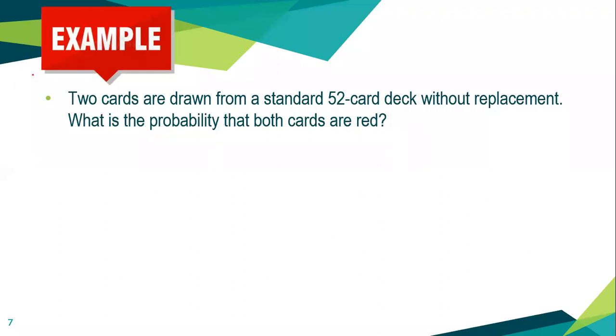So, we have probability of, let's say, first na bunot is red. First red. Ilan yung first red natin? Ilan nga ang total? We have total cards of 52. Ano ang mga color?